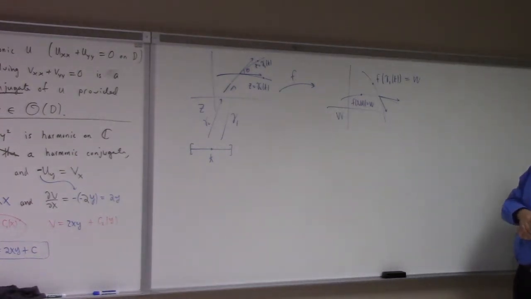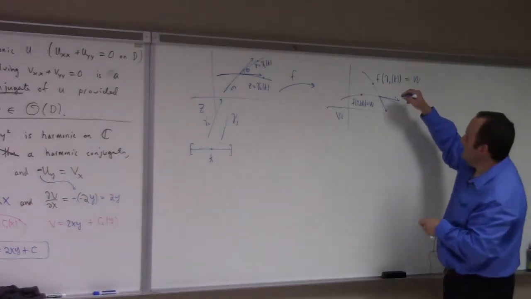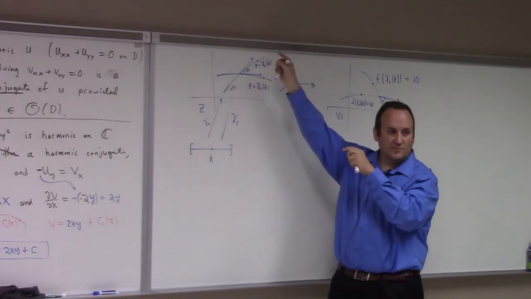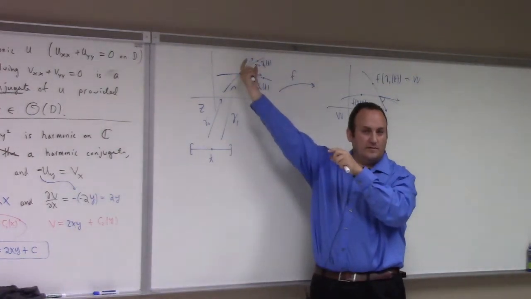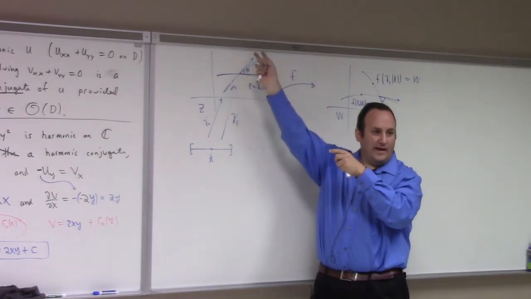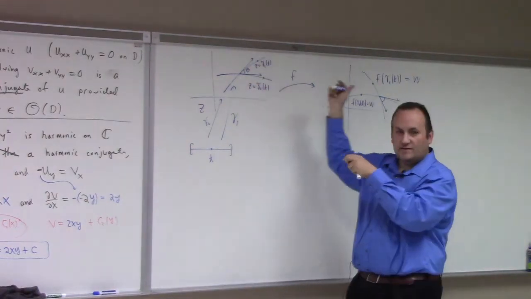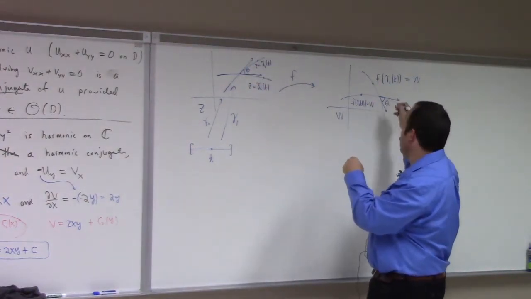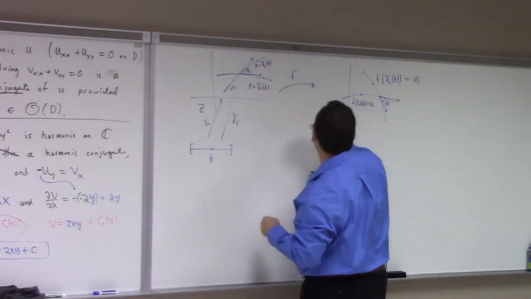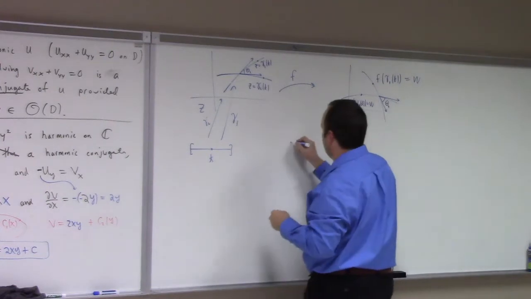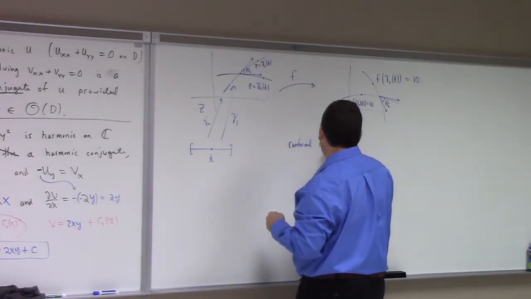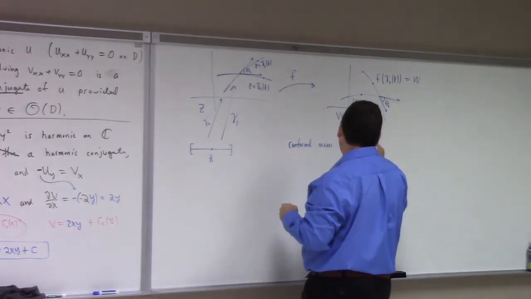So what it means for these mappings to be conformal is that the angle between the intersecting paths is preserved under the map. The length of the tangent vectors could change, but the angle between the intersecting curves should stay the same for a conformal map. So let me call this theta 1, this theta 2. Conformal just means theta 1 equals theta 2 in this situation.